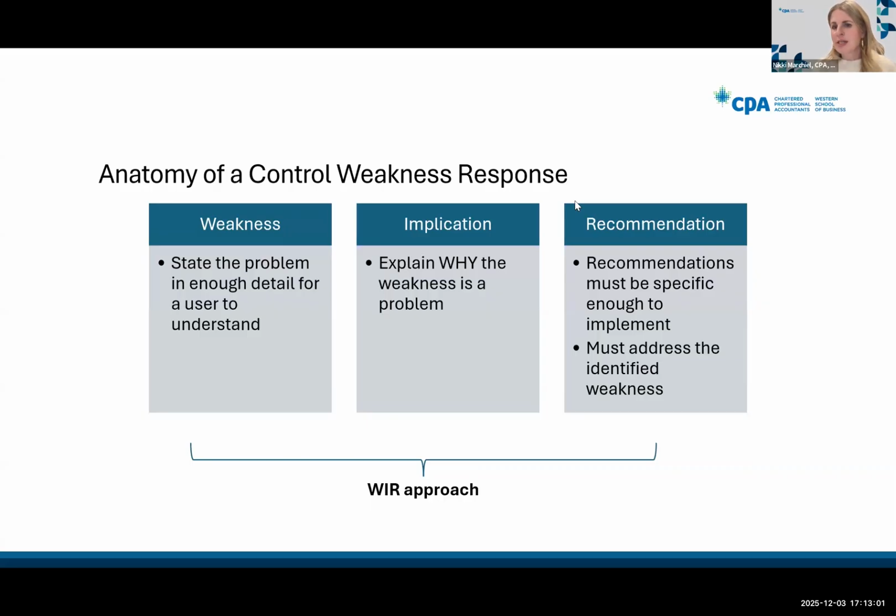And then with the recommendation, it needs to be specific. So sometimes candidates make vague recommendations, and it also needs to tie back to your identified weakness. So I know from the chat when Rob was chatting, someone said, I only found two weaknesses in this case.